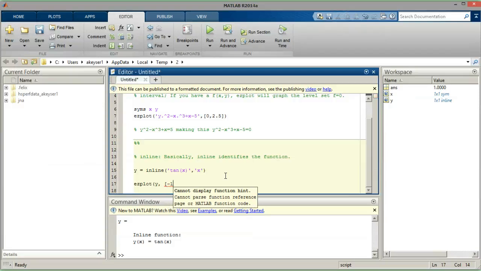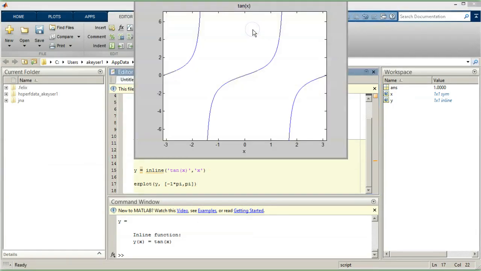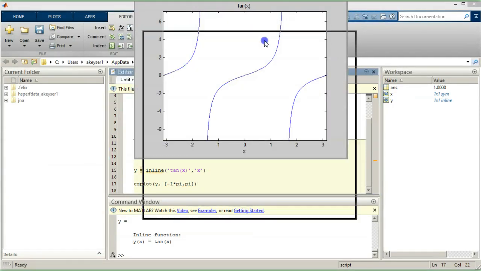Keep in mind, you can't put negative pi in like that. You have to put -1 times pi, then put pi, and then it will give you the graph.